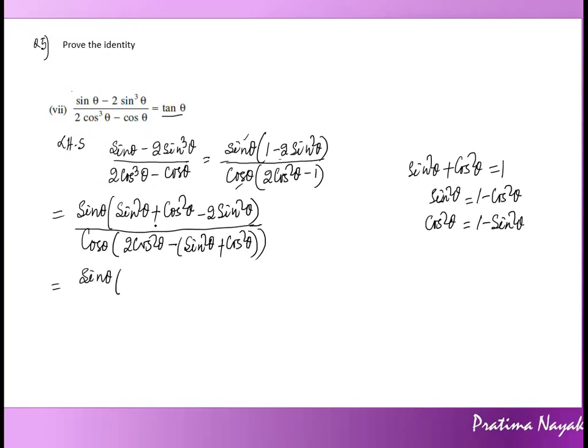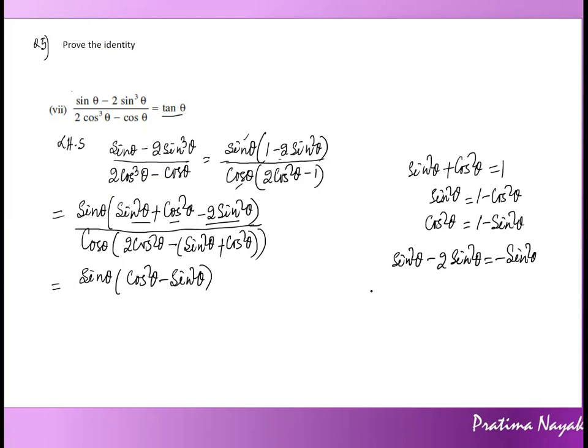If we simplify, in the numerator you are getting cos square theta positive, and sin square theta minus 2 sin square theta. So what is the result? The result will be minus sin square theta. So cos square theta positive minus sin square theta.